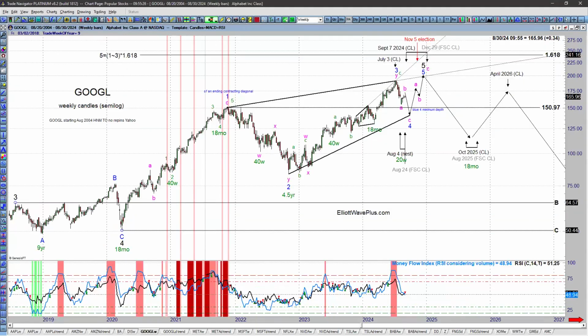Many of these are the same cast of characters, excluding NVIDIA, which has already finished a pattern. In Google, up through late in the year after an additional pullback into September, October.